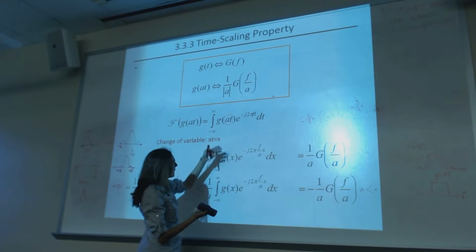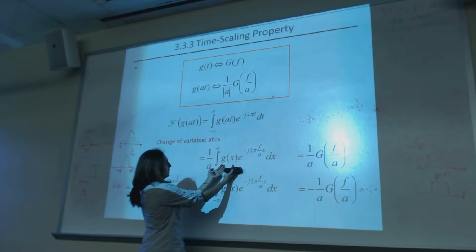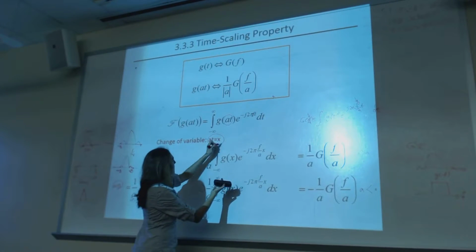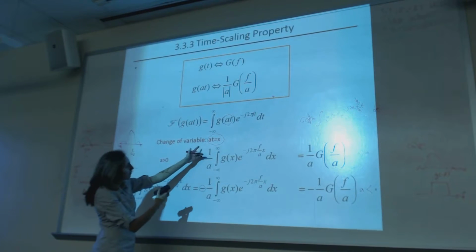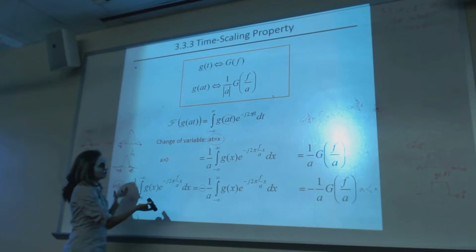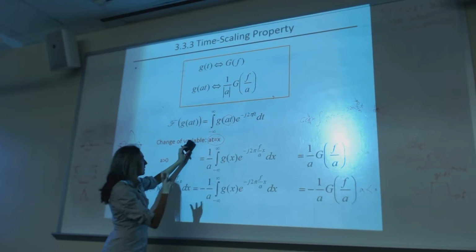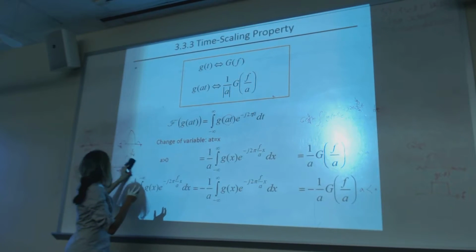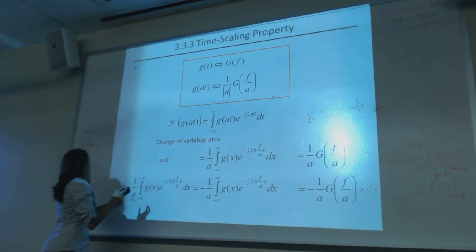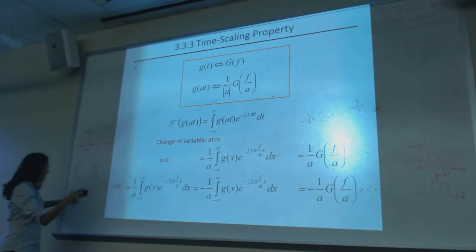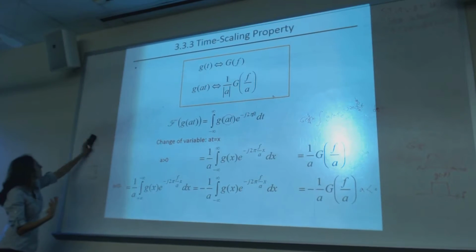If it's x, it's good. If it's g of x, I know that, so I can convert it. So you have a change of variable, and when you do the change of variable, you have to take care of all the changes. Again, a very, very useful technique here. Definitely understand how it works.